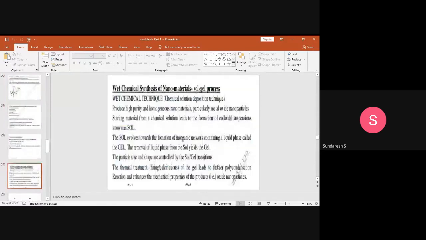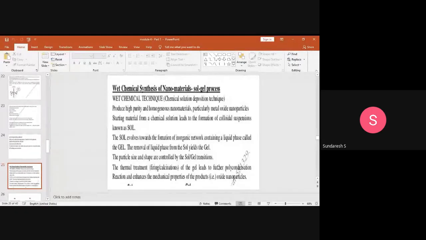So wet chemical synthesis of nanomaterials, we just call it the sol gel process. It is also called a chemical solution deposition technique, or chemical technique. You can call it that. This gives very high purity and homogeneous products, particularly metal oxide nanoparticles.